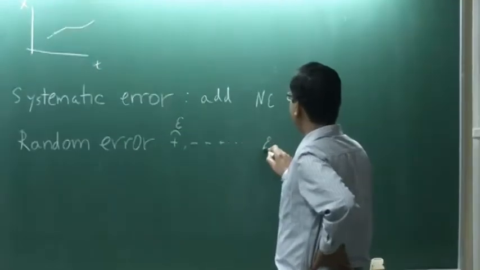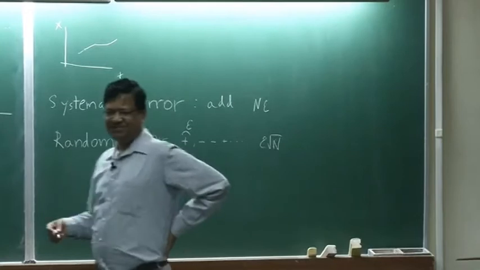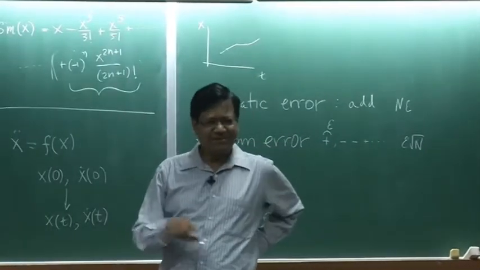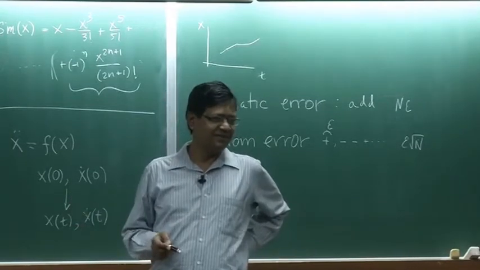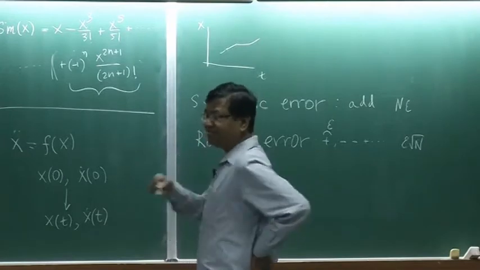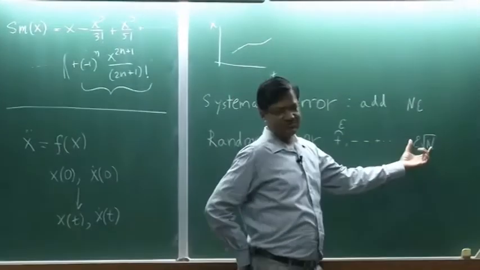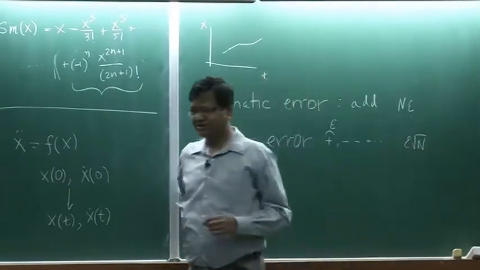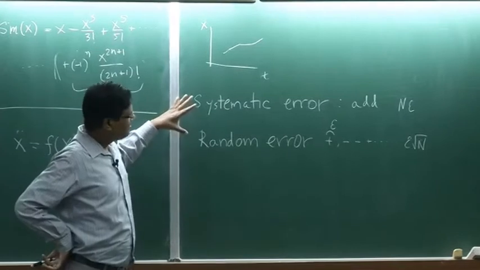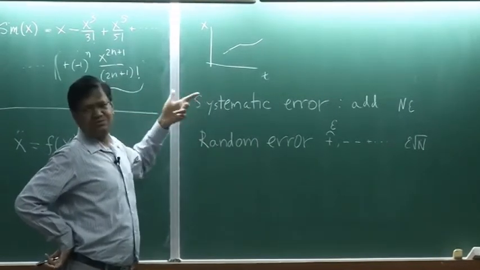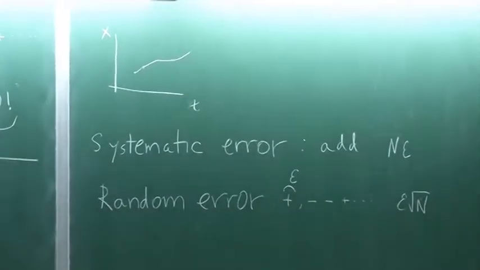Now, if it is random, then a random walker, a drunk walker, is walking from the origin, and each time this person in 1D takes one step forward randomly or one step backward randomly. So, its deviation from the starting point is of this order, square root n epsilon. Okay. So, these are two types of error we get, and we should keep this in mind, how much is going to be the error.